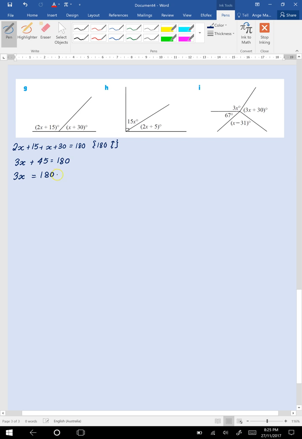Opposite of plus 45 is take 45. 180 take 45, 135. And therefore, to get rid of the times 3, we're going to divide by 3. And because my calculator's not handy, I'm just going to leave it like that. Okay, there isn't a number that goes into 3 and 135, so that's cancelled down to its lowest form, and I can leave it like that. That's fine.